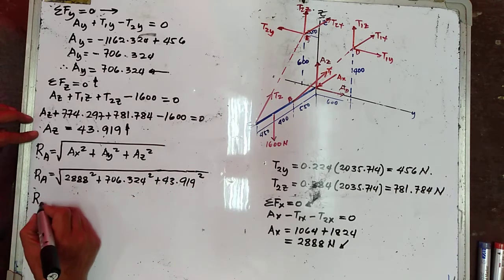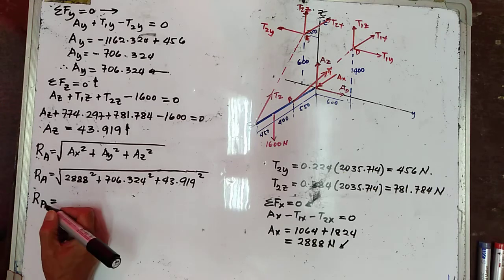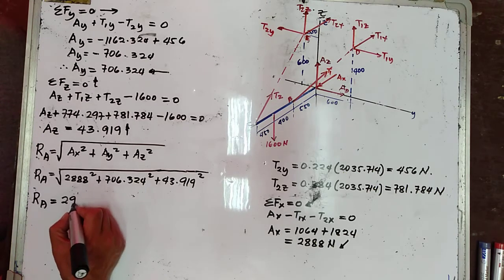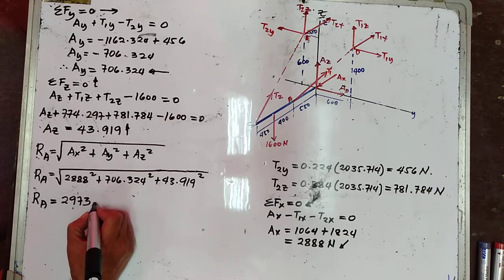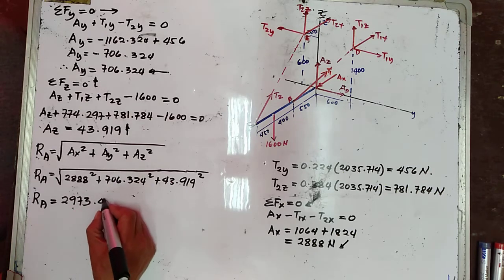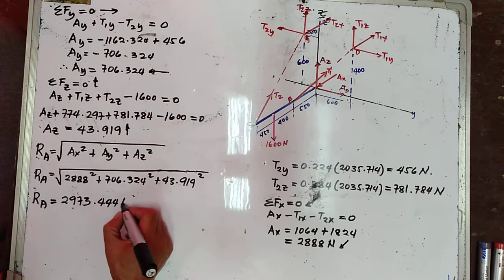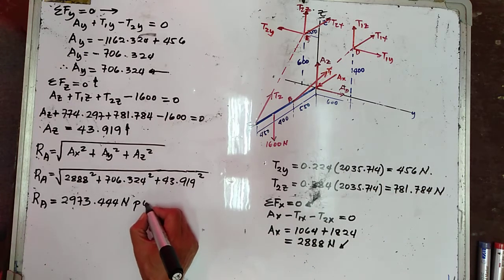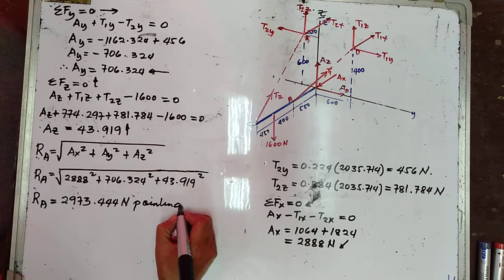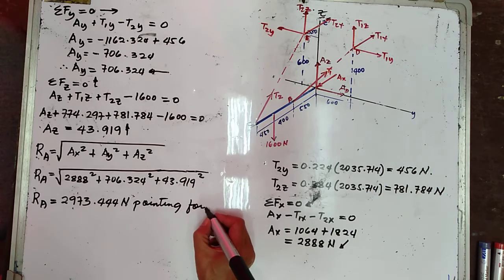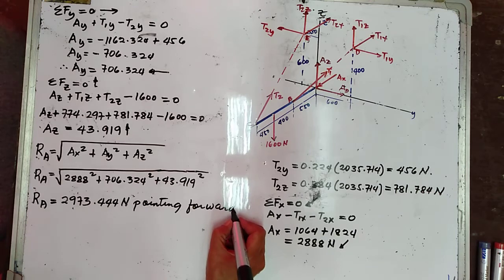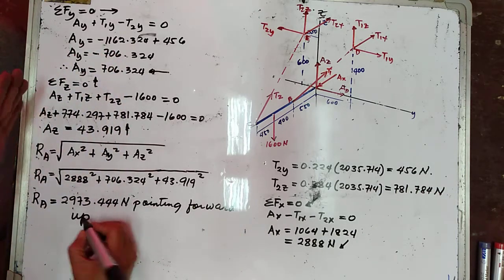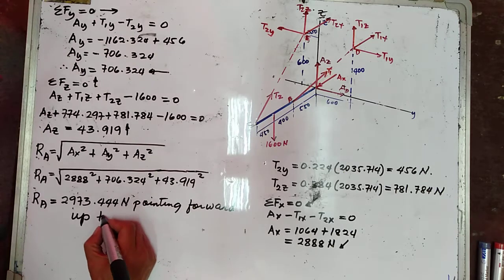Your RA is equal to 2973.444 newtons. So this is pointing forward, up, and to the left.